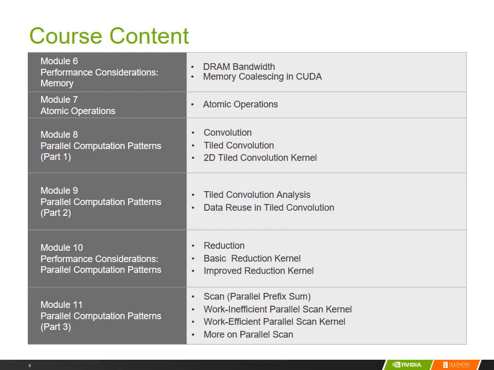And this is a very important parallel computation pattern where several important performance considerations need to be incorporated. Module 11 is about a scan computation pattern, and we will introduce the concept of work efficiency in parallel computation.